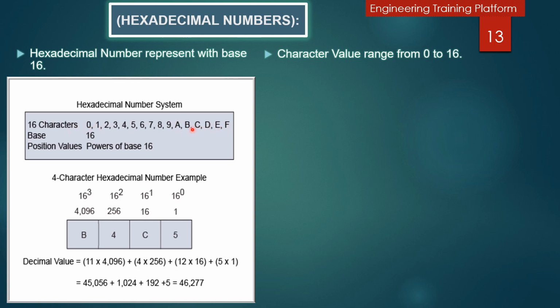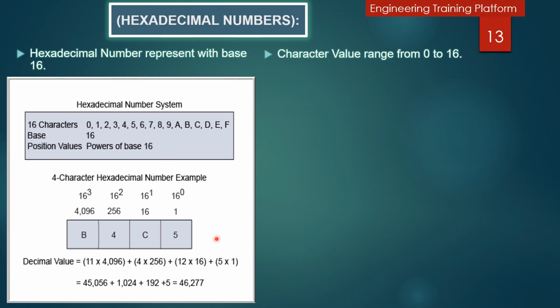The total range is 0 to 15, but from 10 it should be remembered that 10 is equal to A, 11 is equal to B, and so on accordingly. The base for the hexadecimal is 16, and the position values are powers of the base 16.